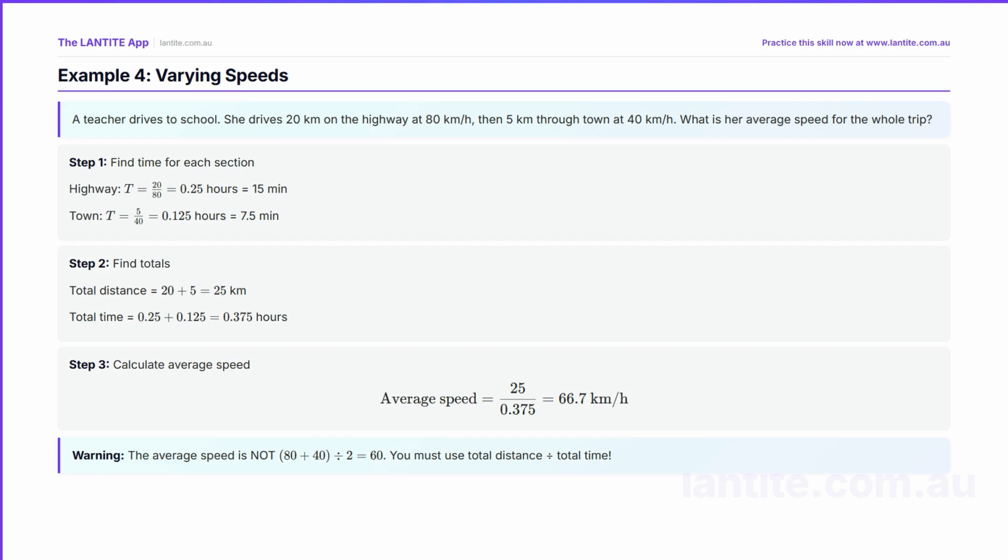Town: 5 divided by 40 equals 0.125 hours, or 7.5 minutes. Total distance is 25 kilometers. Total time is 0.375 hours. Average speed equals 25 divided by 0.375, which is 66.7 kilometers per hour. Not 60. You cannot simply average the speeds.